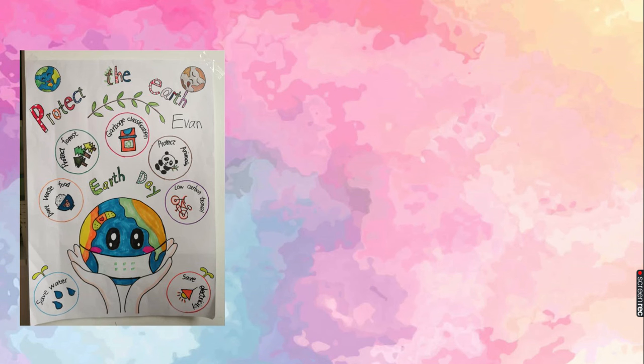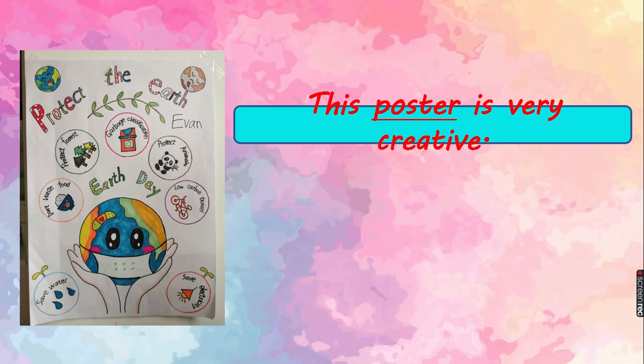And here's another example, in a sentence. This is a poster made by Evan. In a sentence, we can say, this poster is very creative. It's very creative, the way he made this poster.